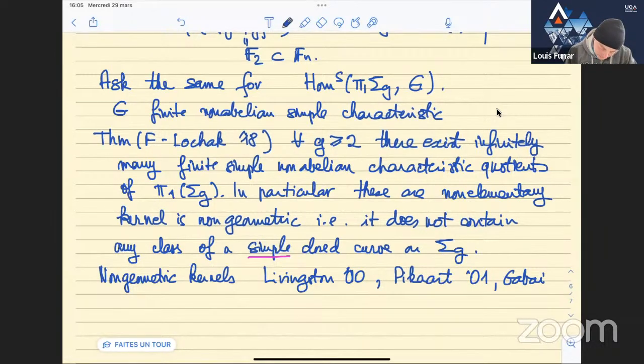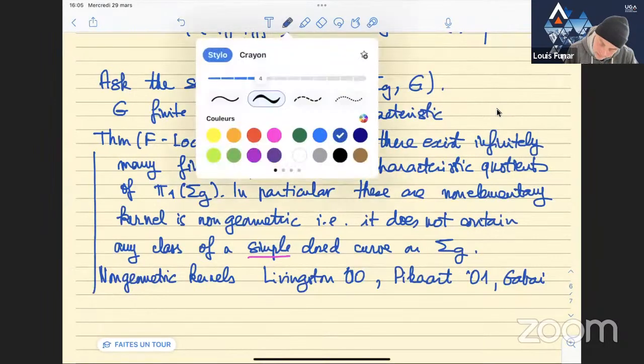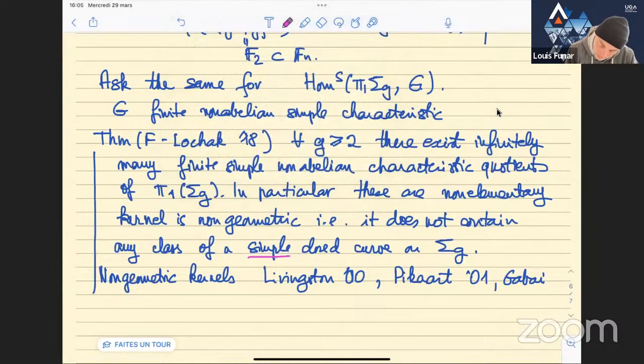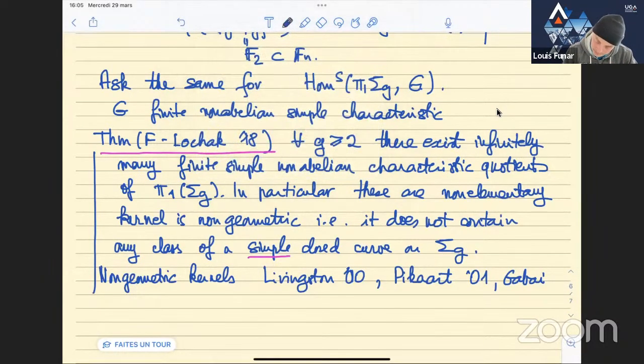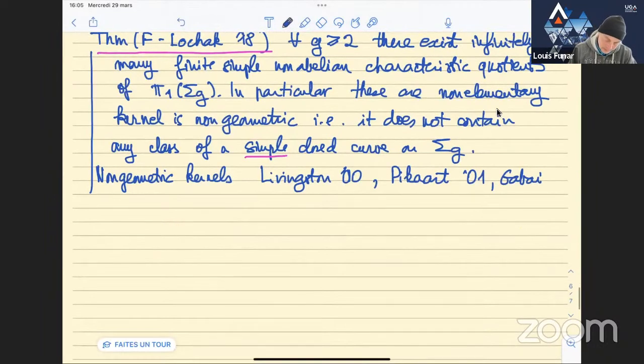What is interesting here is that this automatically answers all the questions above in the case of surfaces.